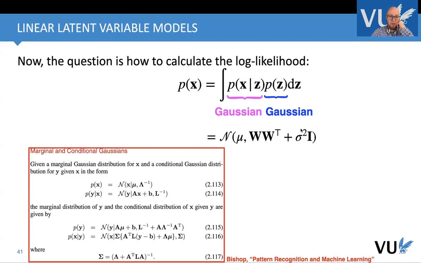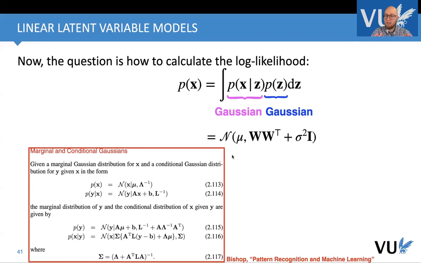For instance, if we look into Bishop's book and read about marginal and conditional Gaussians, we can actually calculate the marginal distribution over X. It turns out that this integral can be analytically calculated, and this gives us the following distribution.